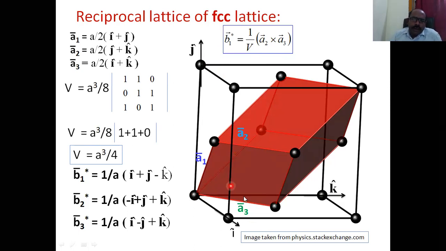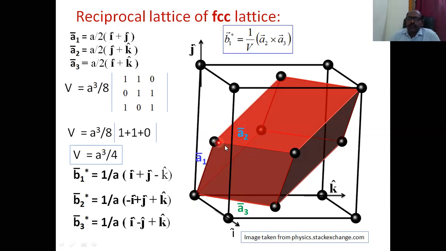Here, if we attach only the face centers, we take one corner point as the origin, and from that the nearest face centers: the left side face center, the bottom face center, and the back side face center. All these three faces are touching this lattice point.